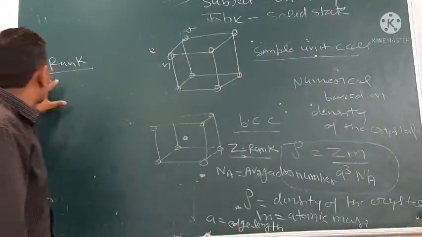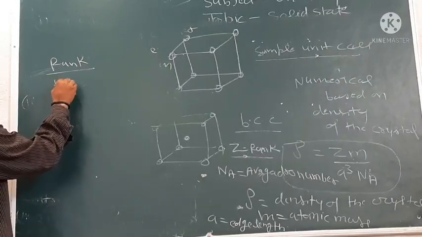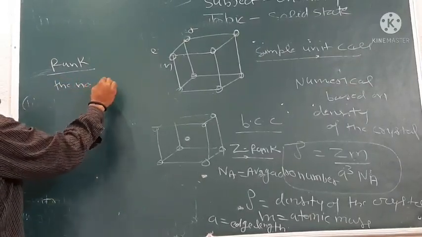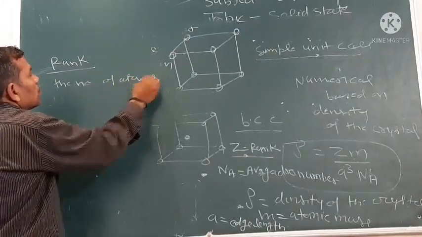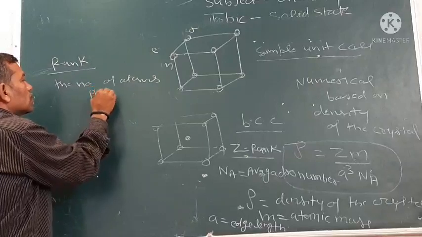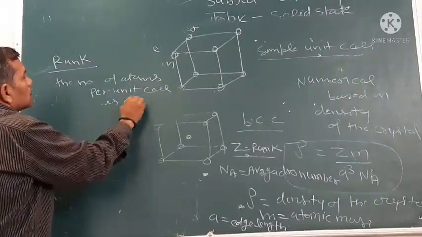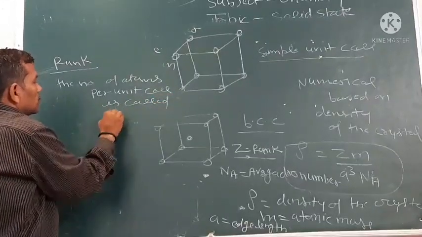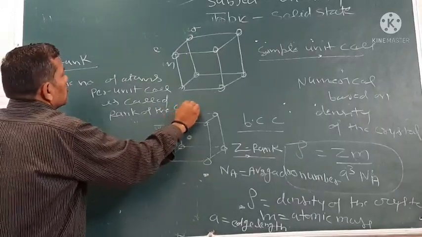Rank means the number of atoms per unit cell, which is called the rank of the unit cell.